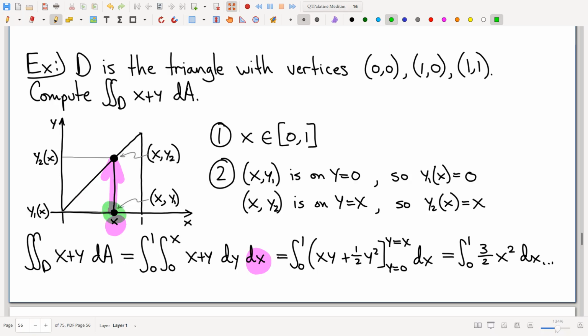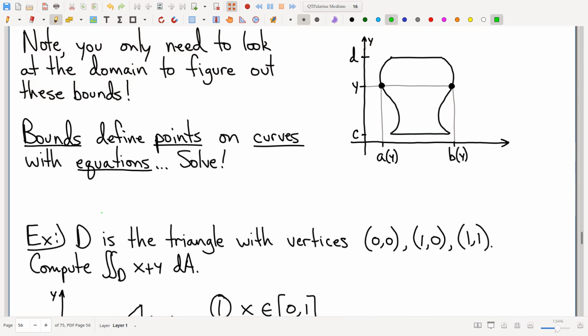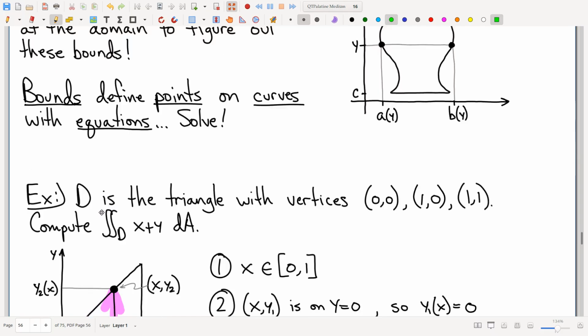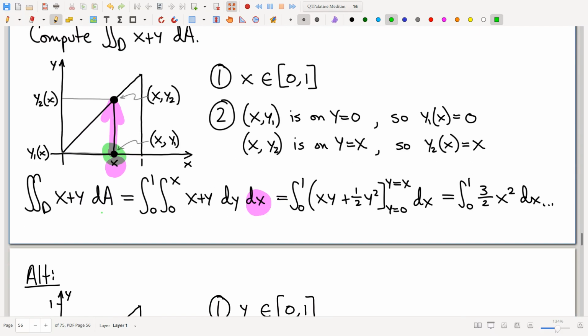And I want to go through this process. I'm going to understand bounds by looking at the corresponding points. I'm going to identify what curve they're on. I'm going to then identify the equation of that curve, and then I'm going to solve for what I need. So let's go through that process here. That point, defining my lower bound, is on that curve.